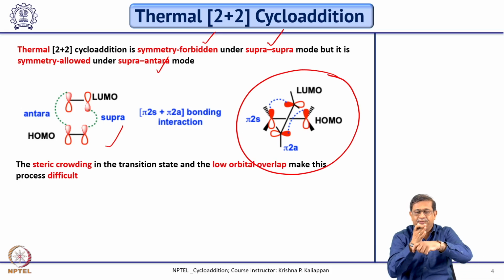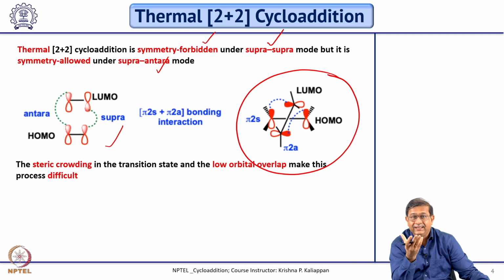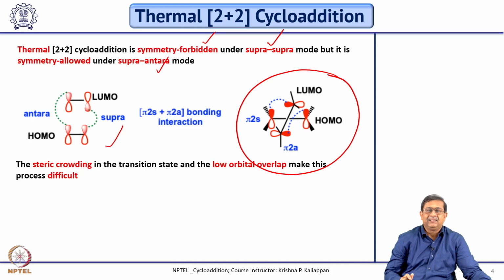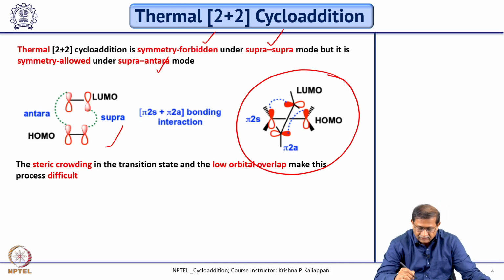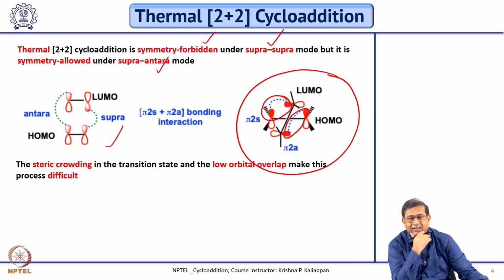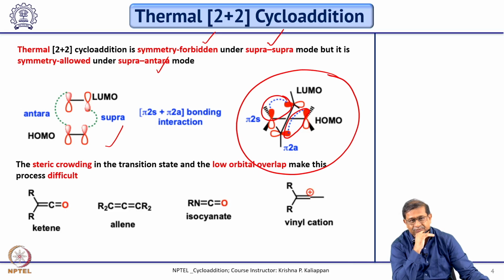That is because these two are like this, and if you put any additional substituents, that will make this reaction difficult again. Further, you can see the orbital overlap here is not that high. So that is why thermal 2+2 cycloaddition is not as facile as photochemical 2+2 cycloaddition reaction.